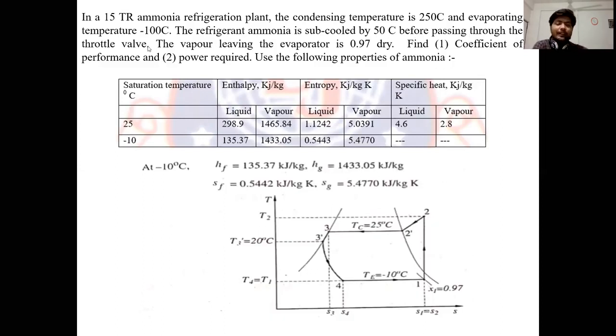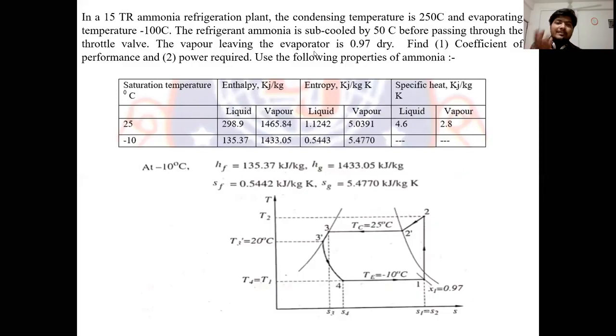That means this numerical is subcooled. If subcooling occurs, that means the superheated region also occurs, so point 2 lies outside the saturated vapor line. Again, the vapor leaving the evaporator has dryness fraction 0.97.